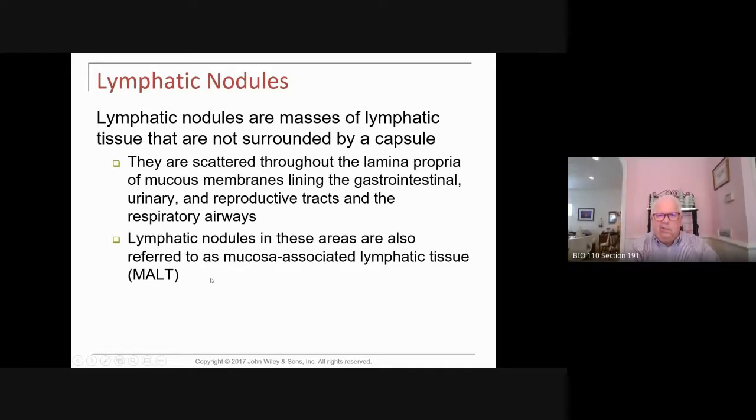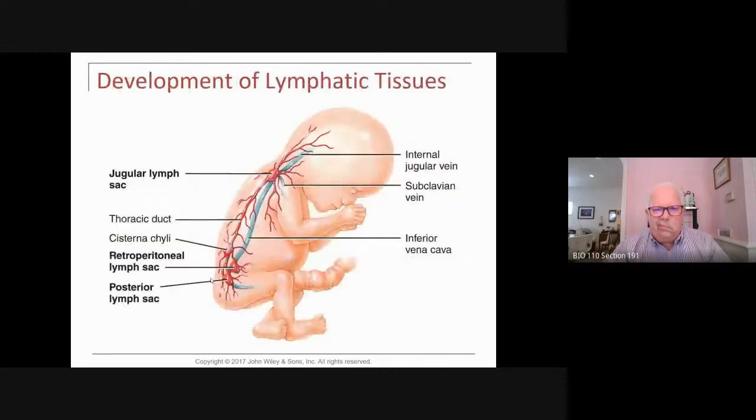So it's important. It's also important to have lymphatic nodules in your respiratory airways. When you breathe in the air, it could have COVID-19 in it, and it will attack COVID-19. It also attacks bacteria that you breathe in. So it's important to know that. All right? Don't worry about the development of lymphatic tissue. It's not important.